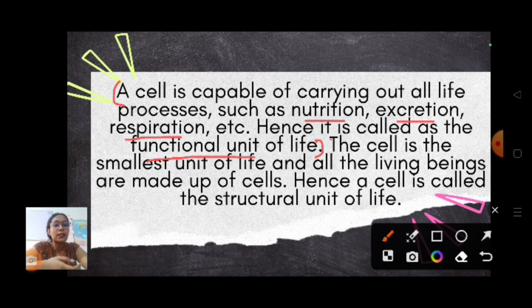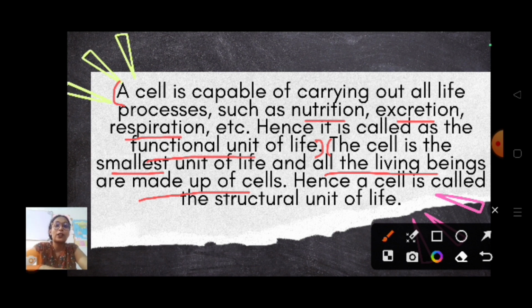The next point is the cell is the smallest unit of life. The smallest unit I have already discussed. Cell then forms tissues, then forms organ, then forms organ system. The cell is the smallest unit of life, and all the living beings are made up of cells. This is true. All the living organisms are made up of cells.